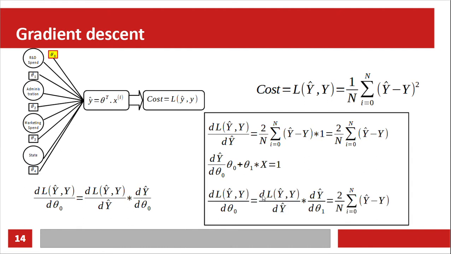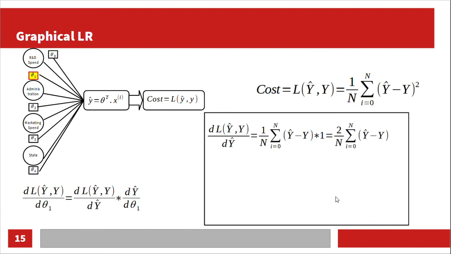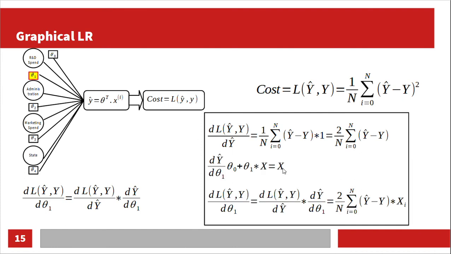Now here's the final formula for the partial derivative, and it's also for x1. It's the same except here it will have x. For example, here theta 0 will be 0, the derivative of a constant is 0, and for theta 1 multiplied by x, the derivative will be x.